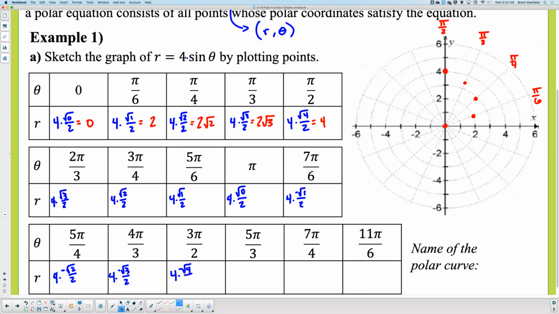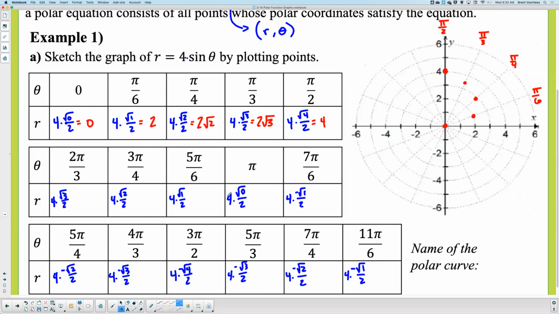Okay, now I'm at negative square root 4. What do I do once I get to negative square root 4? Increase. I start to increase. So now it's negative square root 3, negative square root 2, and finally, negative square root 1.